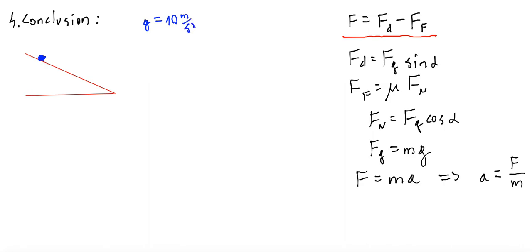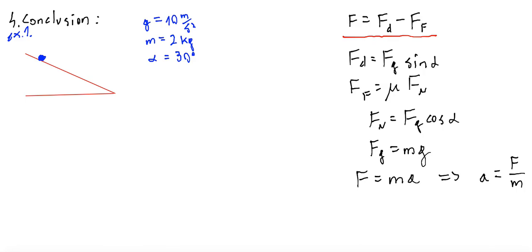This is example 1. Use g as 10. Mass of the object, let's take 2 kilograms, and the angle is equal to, let's say, 30 degrees.